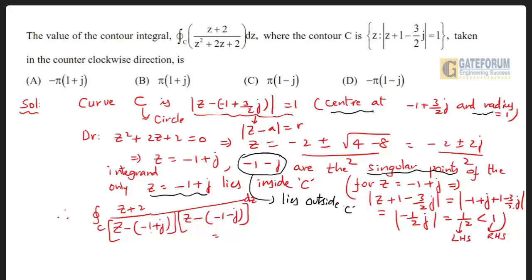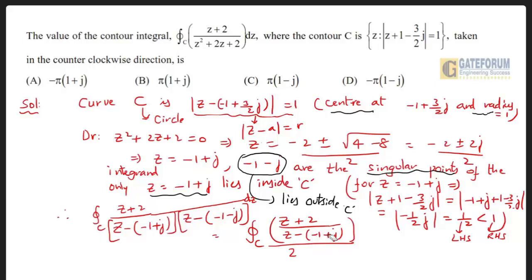So this minus 1 plus j, we already verified this is inside C. So keep this factor only in the denominator, and shift the second factor into the numerator. So this can be expressed as z plus 2 divided by z minus of (minus 1 plus j), put it in brackets. Oh sorry, this is the numerator. We have to put this first factor in the denominator and shift the other into the numerator.